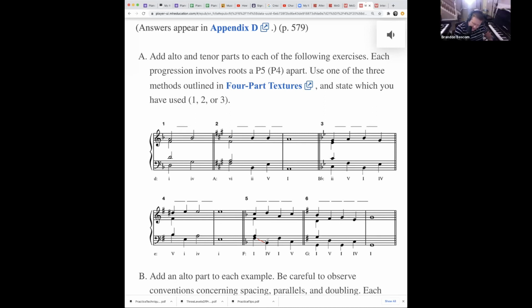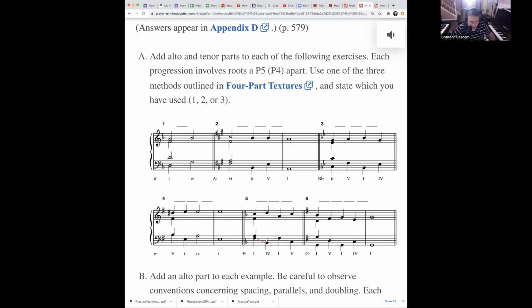One method for writing this root relationship in four parts is to keep in the same voice the tone that is common to both chords, while the remaining two upper parts move by step in the same direction. The stepwise motion will be ascending for root movement of a perfect fifth down, and descending for root movement of a perfect fifth up.